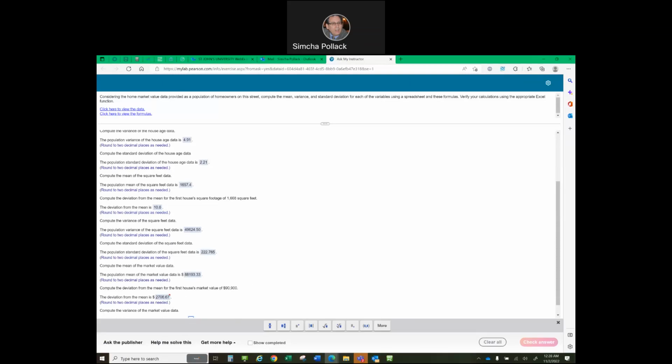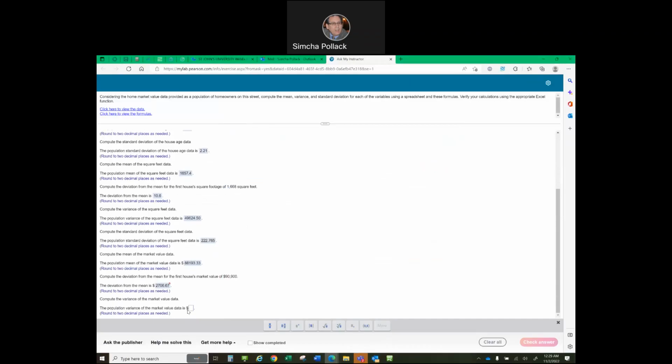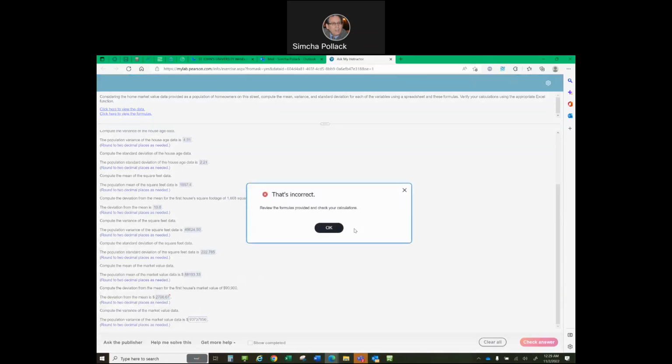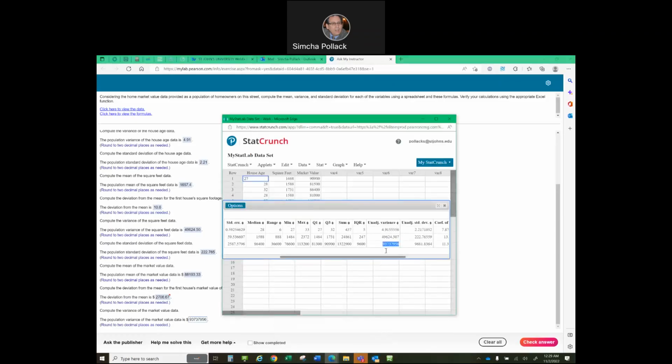Population variance, we've got to go back to that again. The unadjusted one. For the market value. Large number. Control C. The market value is 99. Maybe it's too late at night.